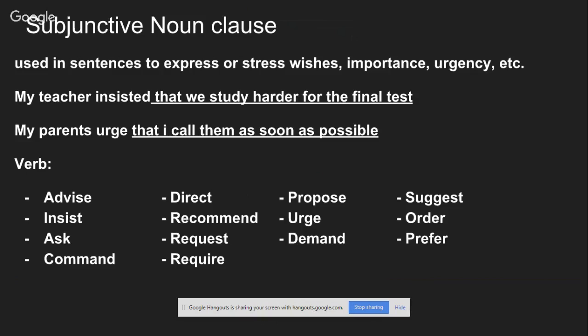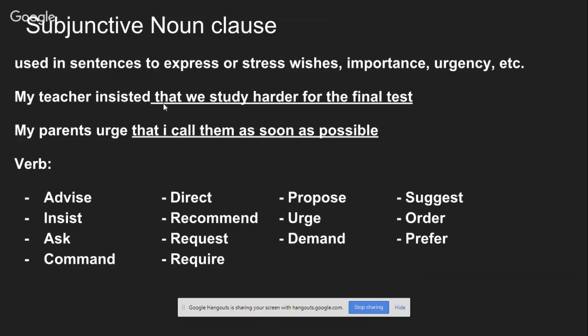You see insist here. It means that you don't have to use should, could, or might, or something like that.